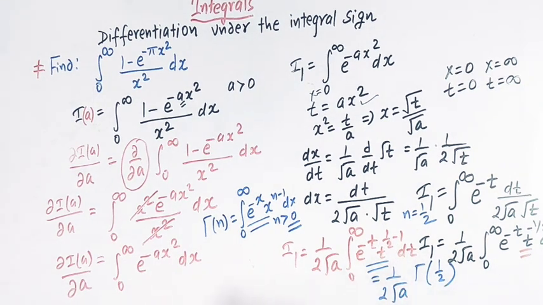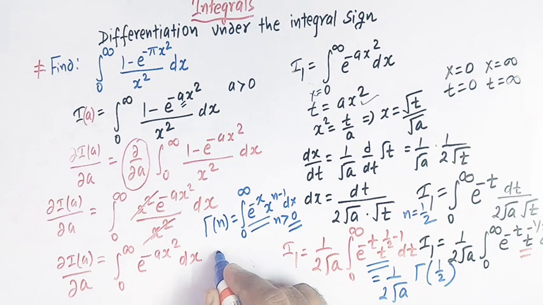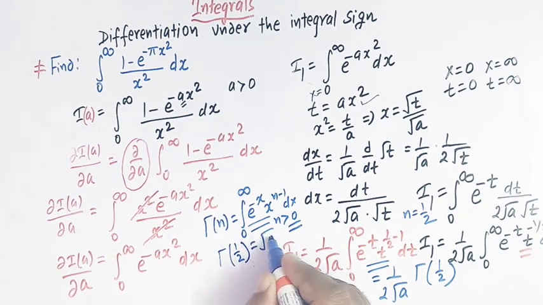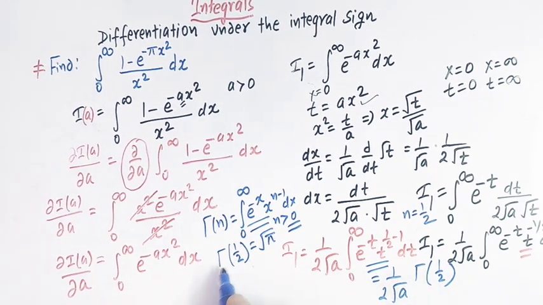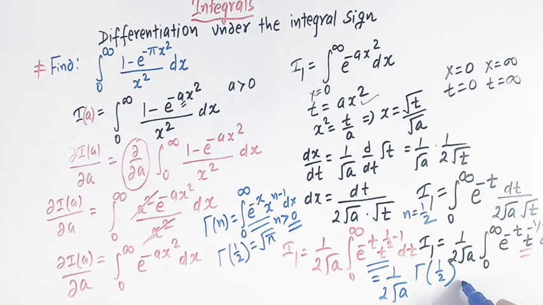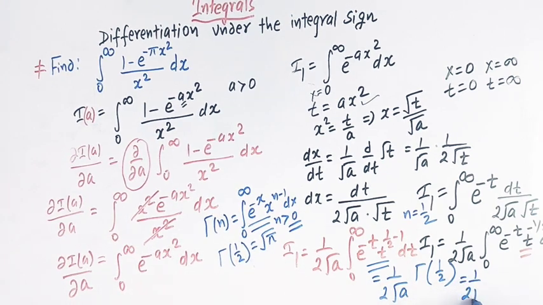And we know a standard result, that gamma of half is square root of pi. So if we write here the value of gamma of half, we have 1 over 2 root a, and here we have square root of pi.